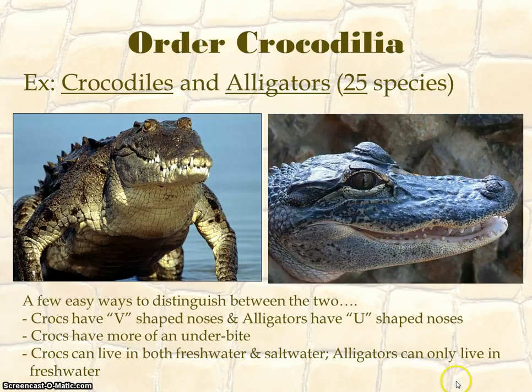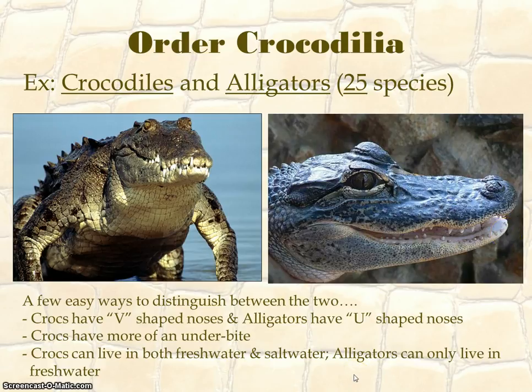Your crocs are going to have a bigger underbite, so their lower jaw will stick out a little bit farther than their upper jaw. Notice your alligators, their lower jaw does not stick out; actually their upper jaw sticks out a little bit further than their lower jaw. So your crocs have that underbite.